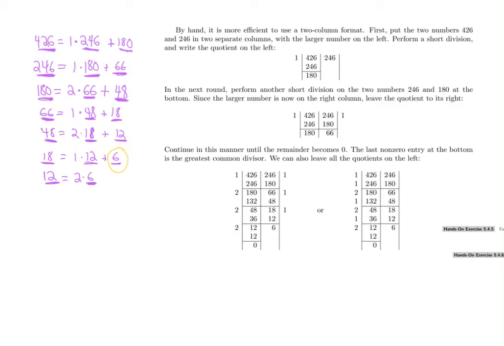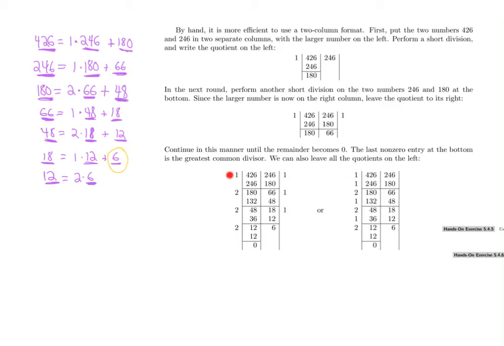It's kind of confusing when you look at it all at once. So what I want to do is show you how you would develop it gradually, how you would do the two-column format gradually. Quick thing to note before I get to that is there's a version of this where they leave all the quotients on the left.